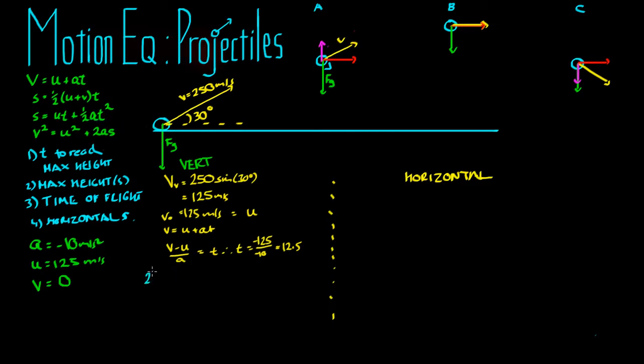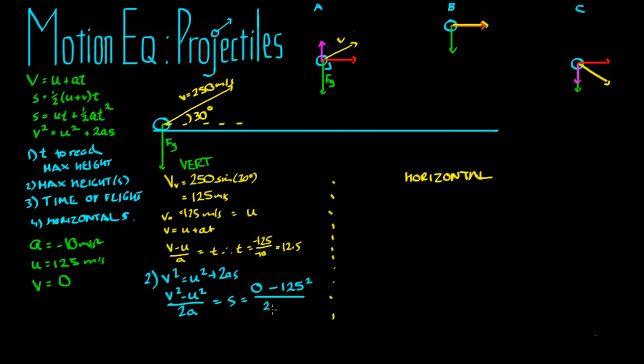So number 2, S. We're trying to get S by itself here. V squared equals U squared plus 2AS. V squared take U squared on 2A equals S. So that should be our max height there, that S value. And this is equal to, well, at max height V equals 0, so that's 0. U squared equals 125 squared.